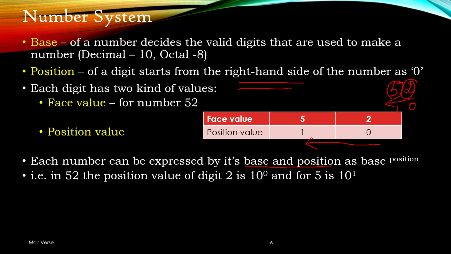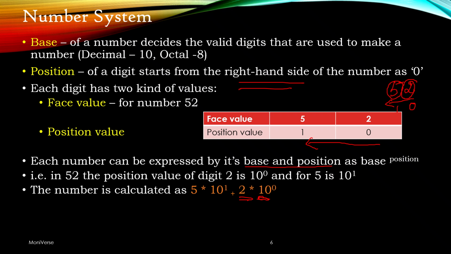So now we can see how the value 52 is represented. It is basically a decimal number, so its base value is 10, right? And the position of 2 is 0 and of 5 is 1. So how are we going to calculate the number? The 2, which is in position 0, is multiplied with the base value 10 to the power of its position 0.